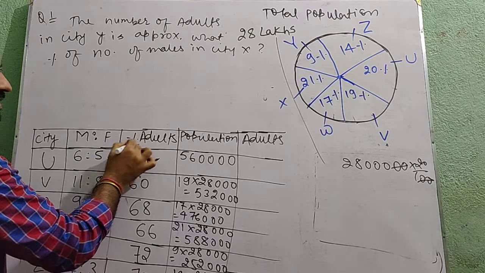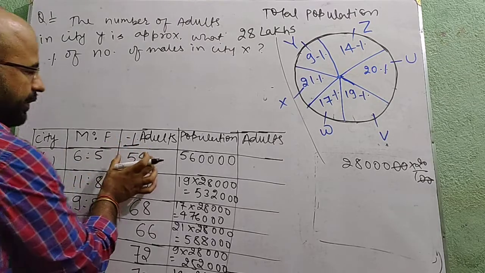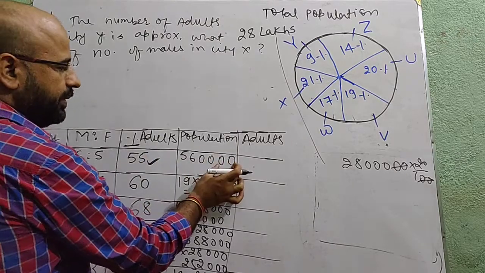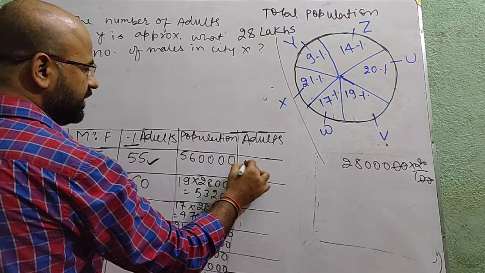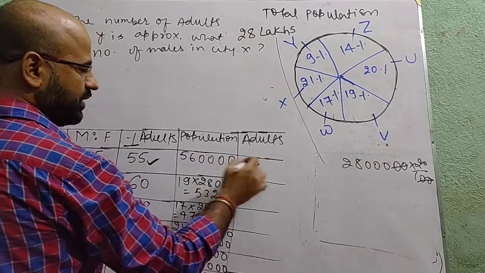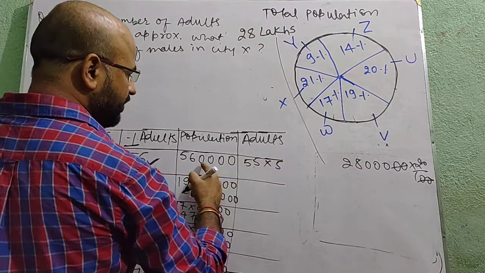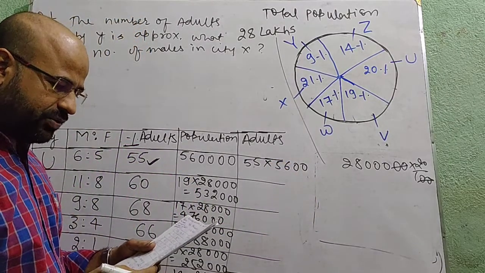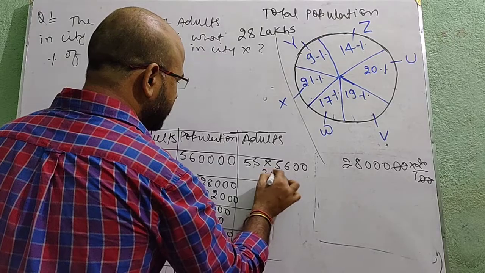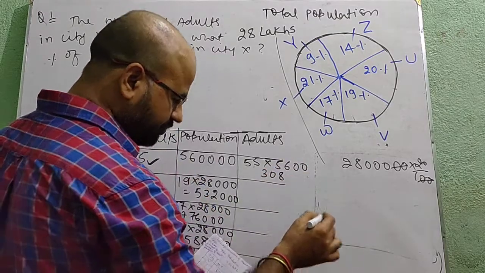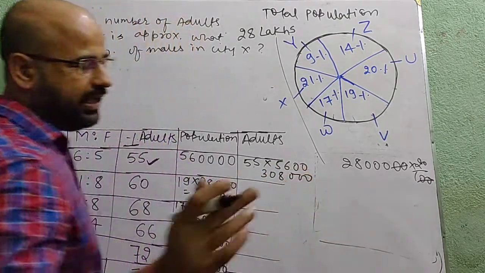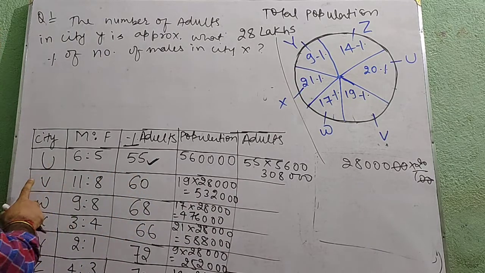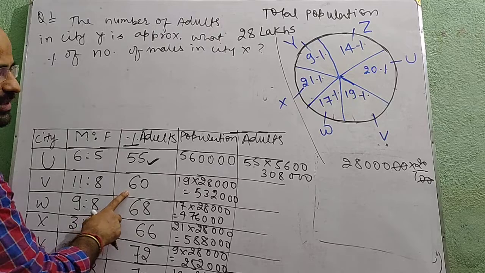All are given in percentage. 55% means I have to calculate 55% of that data. 55 by 100, double zero cancels out, 55 into 56 double zero, then you will get 308 triple zero. Likewise, I have to calculate the adult population in city V, that is 60%.